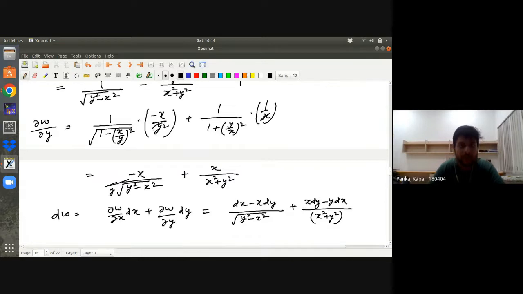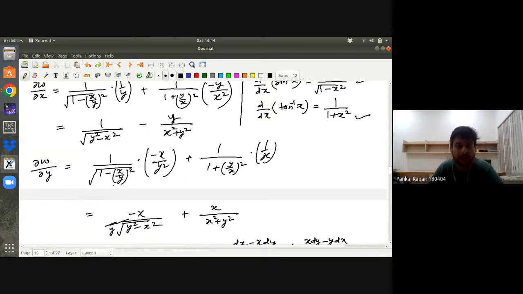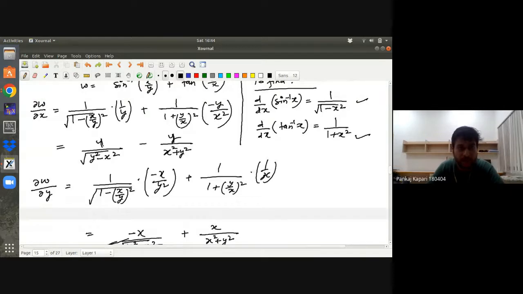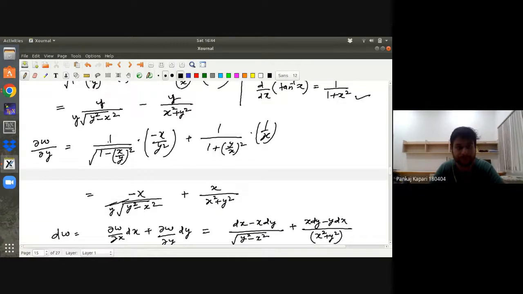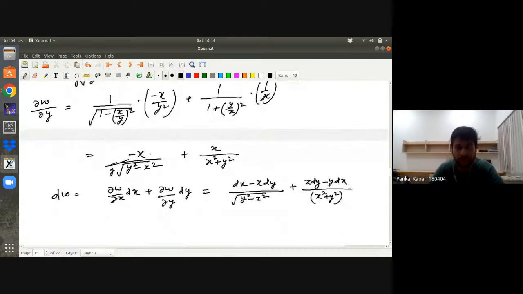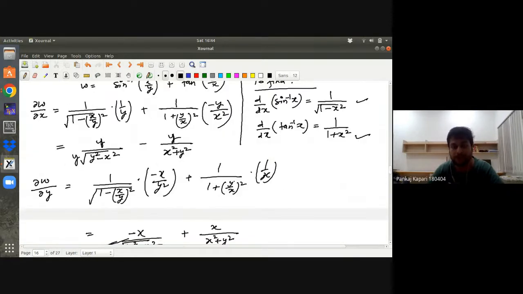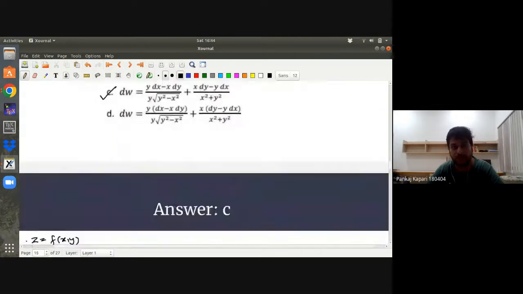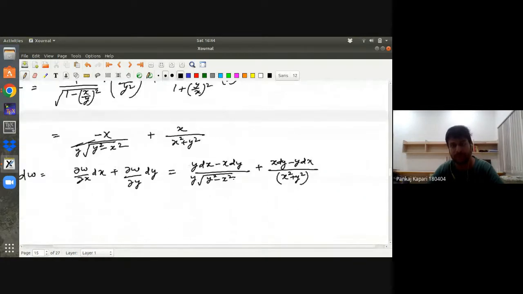Because in the denominator we have y square, and from this square root you will just get y. So there is a y here in the denominator. So in the first term you just multiply the numerator and denominator both by y. So here you will have one y. So option C is correct. So this is the correct answer.